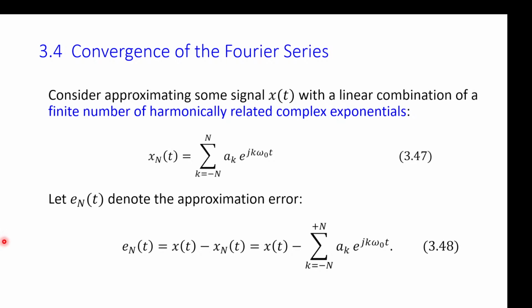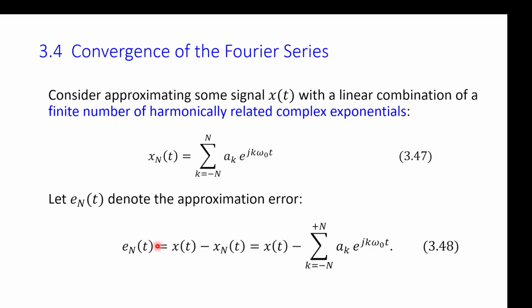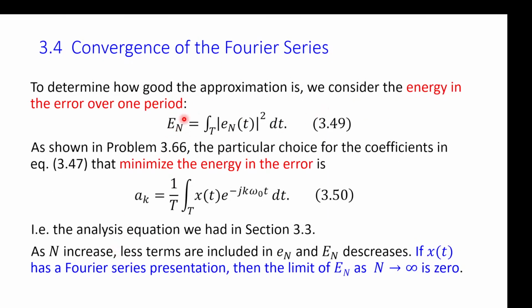there are many tricky points about what it means for E sub N of t to go to 0. And actually, the thing we care about is not really E N of t going to 0. In this course, we define convergence in a weaker sense: instead of E N of t going to 0 for every t, we just care about the energy of our error term.